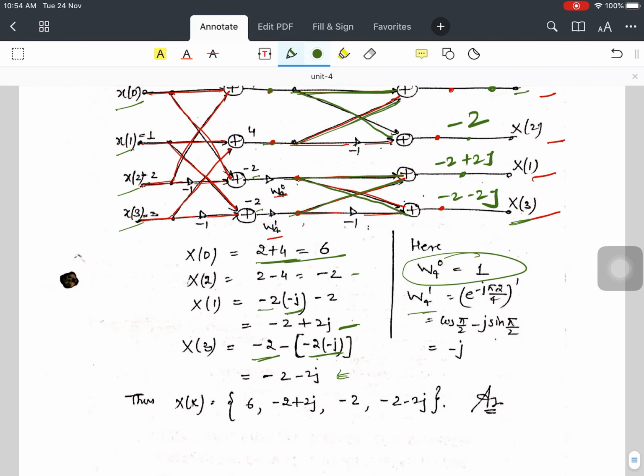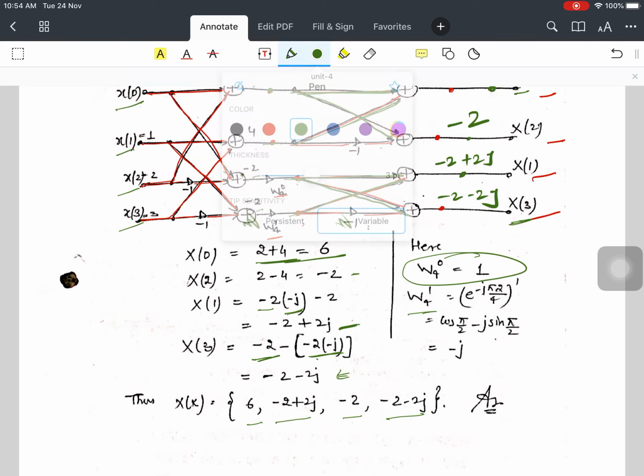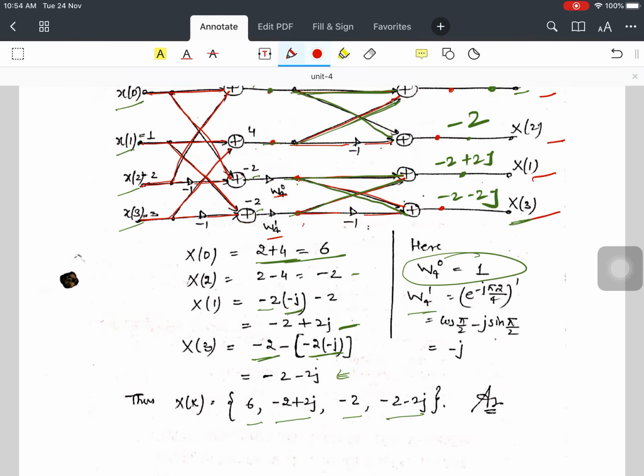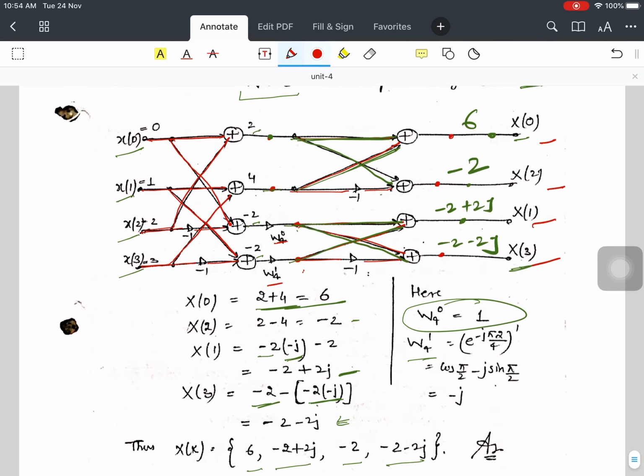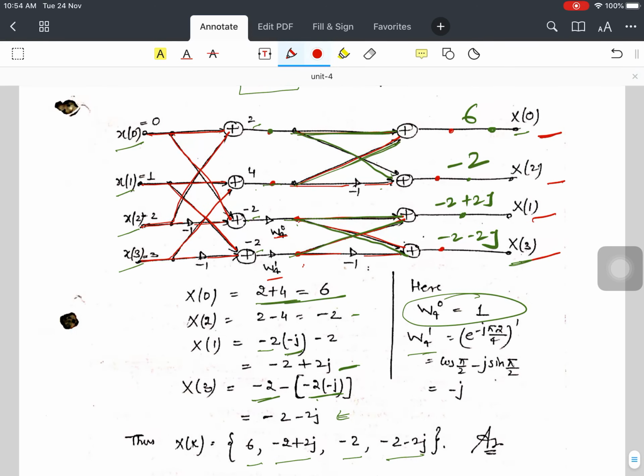So what will be the final value of X(k)? X(k) equals 6, minus 2 plus 2j, minus 2, minus 2 minus 2j. Please keep one point in mind: the output sequence comes in bit-reversed order, x0, x2, x1, x3.